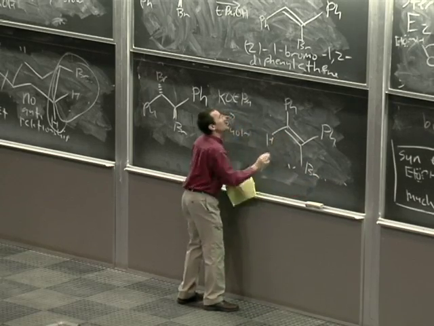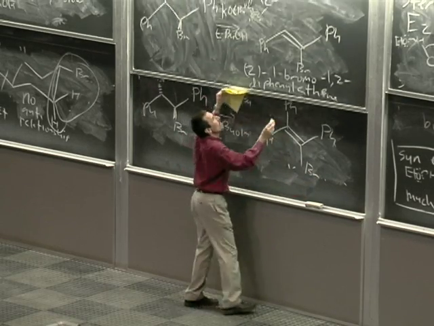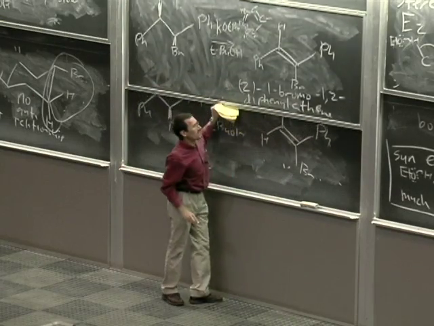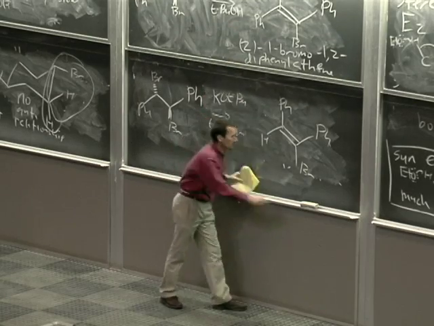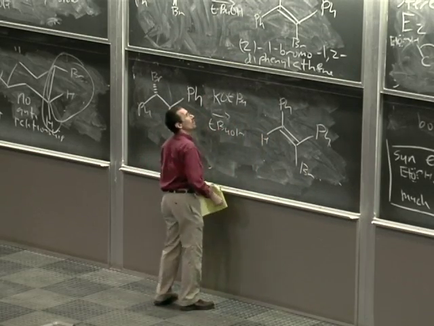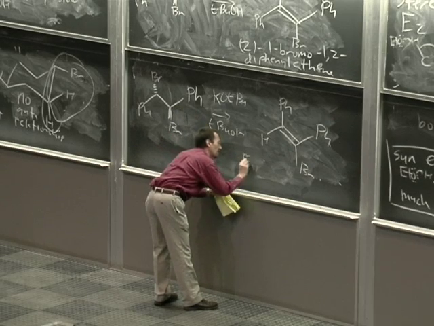And just for the sake of being complete, I'm going to draw in the hydrogens here because we're going to see their fates in just a moment. So this is the E-1-bromo-1,2-diphenylethene.